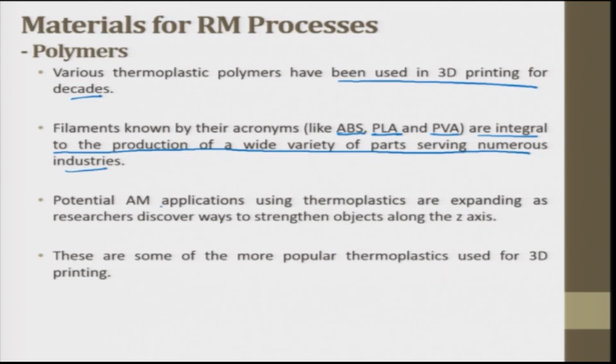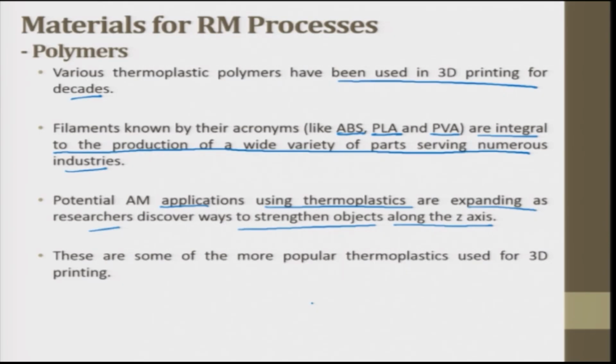Potential additive manufacturing applications using thermoplastics are expanding as researchers discover ways to strengthen objects along the z-axis. Typically fused filament fabrication demonstrates better strength along the x and y axes than the z axis, but research has to be done in the z direction where the strength is also required.